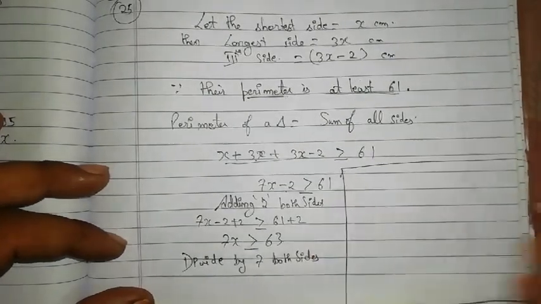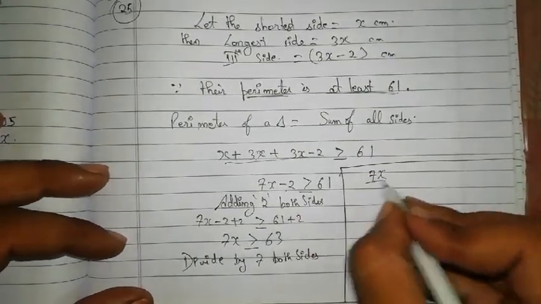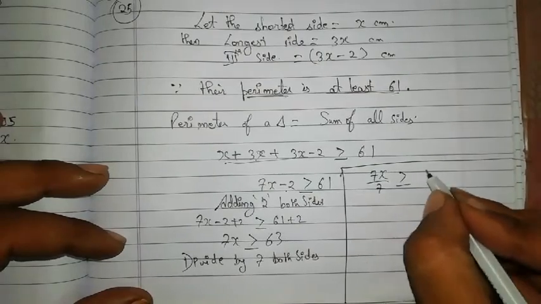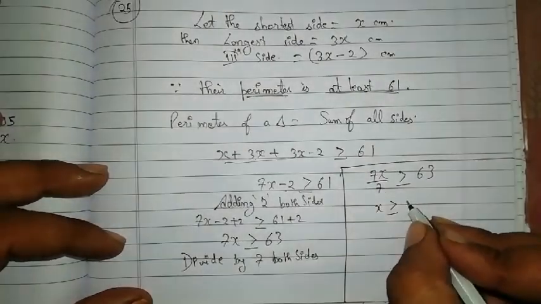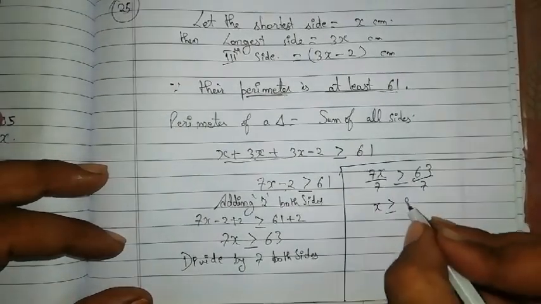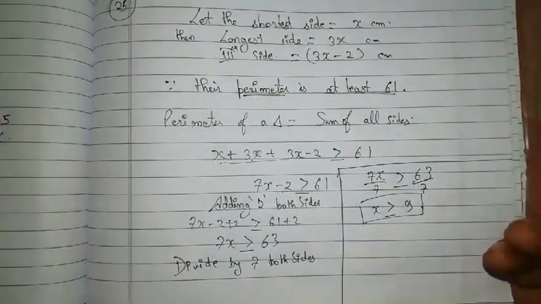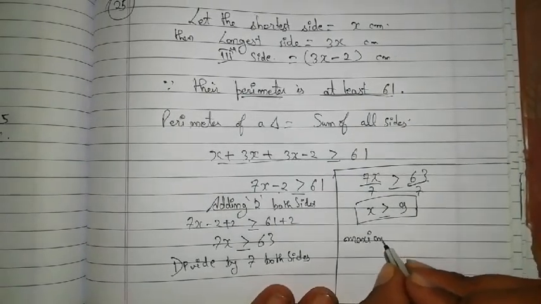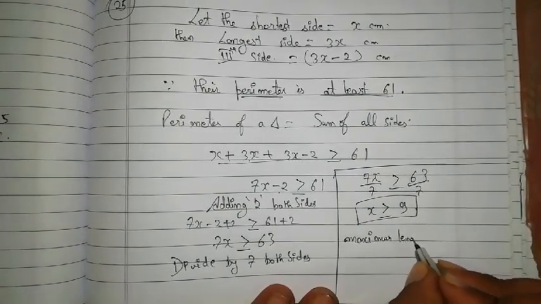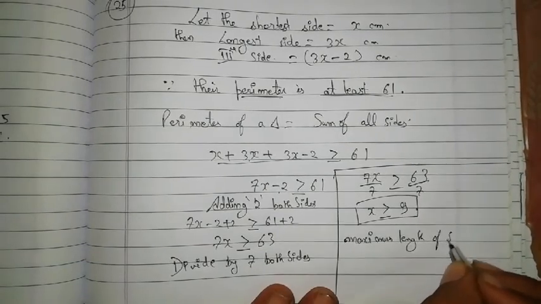So it will become 7x upon 7 greater than or equal to 63 upon 7. So x is greater than or equal to 9. And we have to find the maximum length of the shortest side.